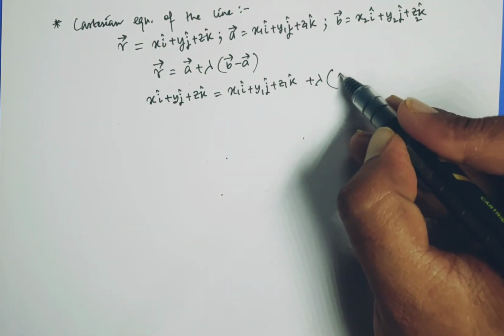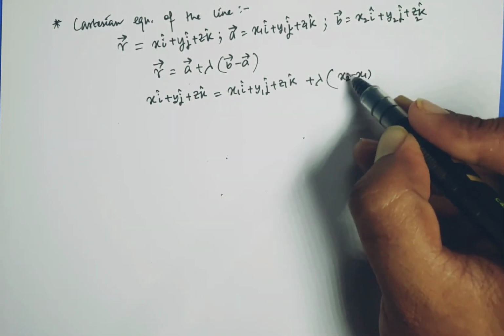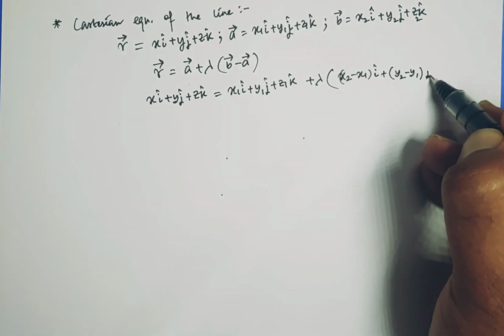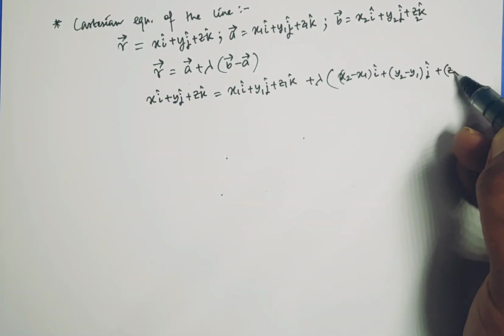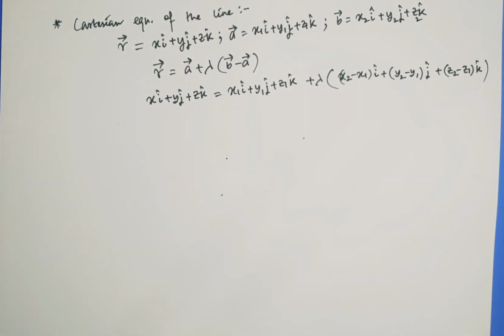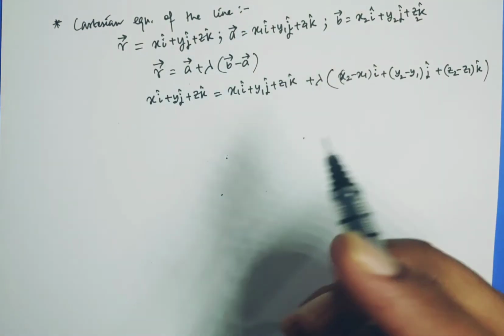I am going to write directly x2 minus x1 i cap plus y2 minus y1 j cap plus z2 minus z1 k cap. Okay, clear? Now let's take this one to this side.